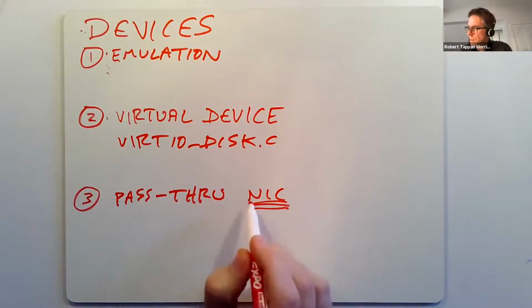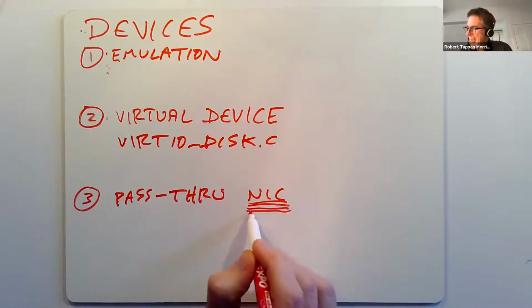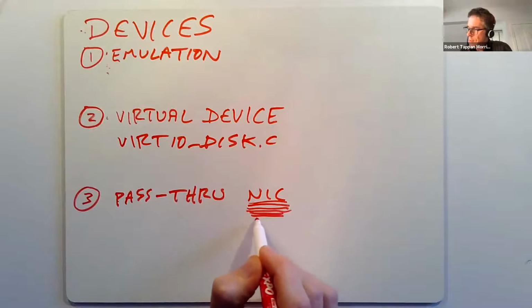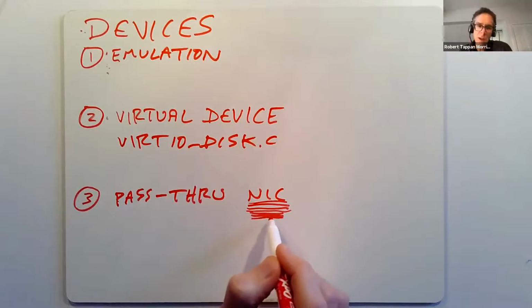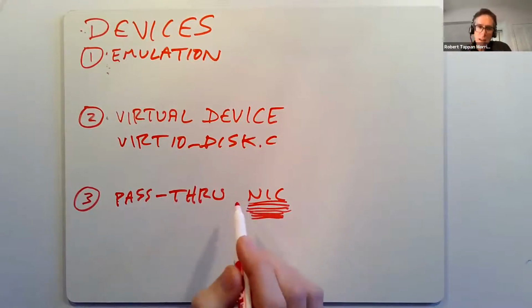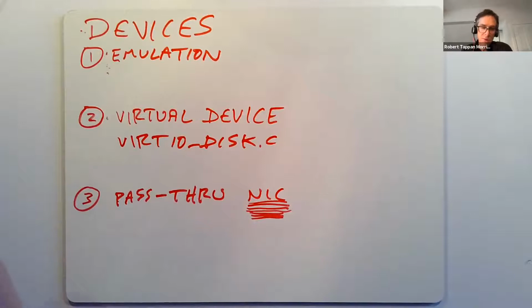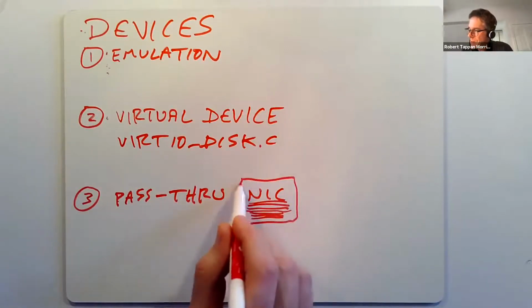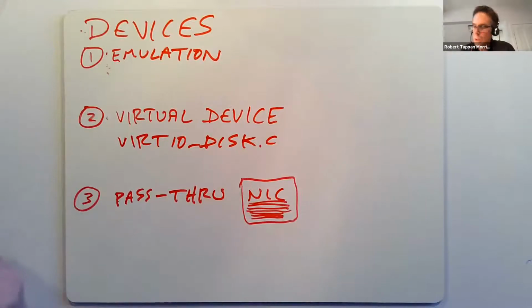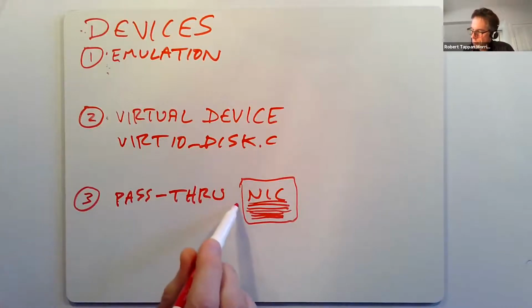And so you can configure a modern NIC to act as if it's multiple, apparently independent NICs, one for each guest operating system. And then the guest operating system can be configured by the virtual machine monitor so that it's allowed to talk directly to its slice of the network interface card hardware with very high efficiency. So this is the modern high performance way.